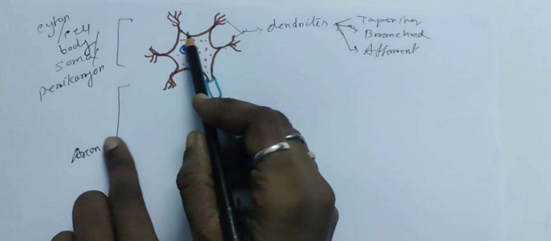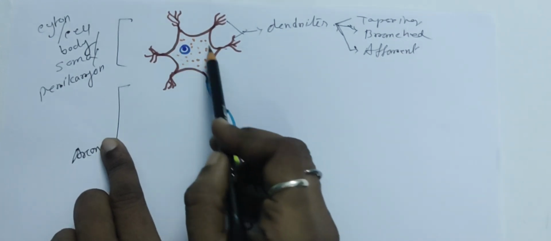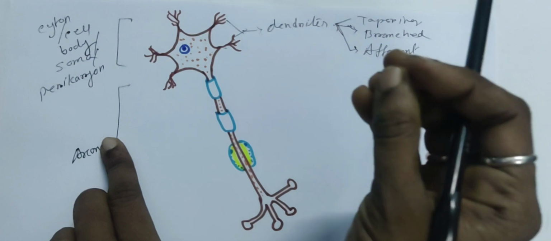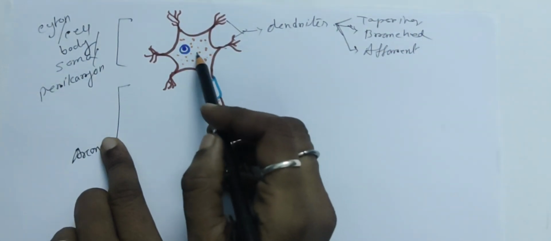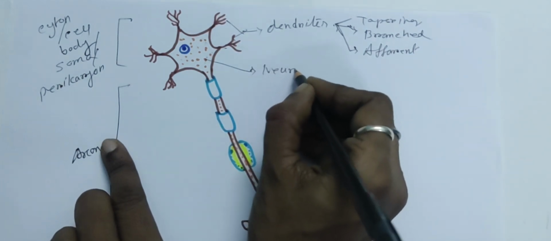Now come to the inner part of the cell body. As it is a cell, it contains some organelles, and the cytoplasm inside the cell body is called the neuroplasm.